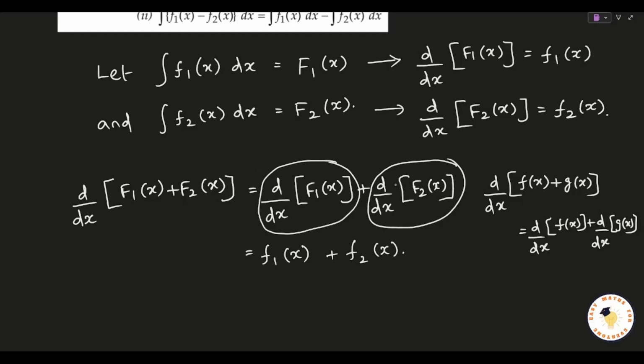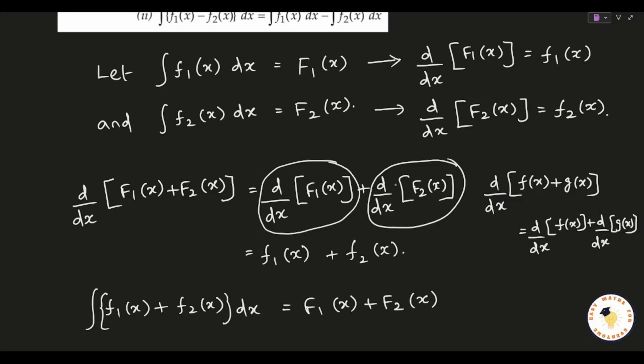So, we can say that when we integrate the right hand side, we will get back the function inside the differentiation. I mean to say integral of f1 of x plus f2 of x dx will give me back capital F1 of x plus capital F2 of x. And of course we know capital F1 of x equal to integral f1 of x dx.